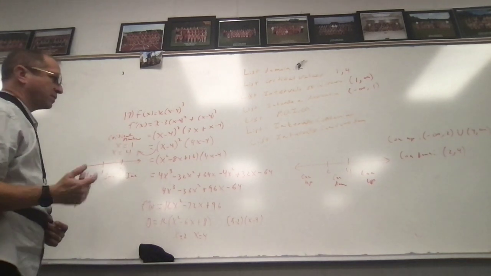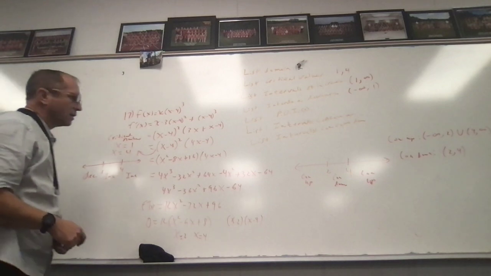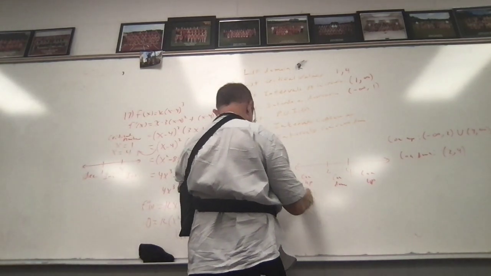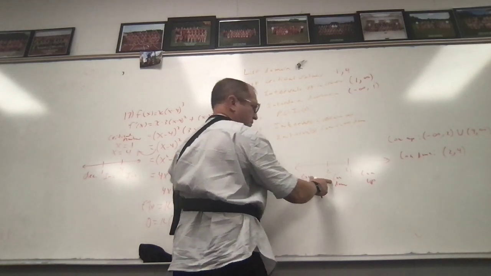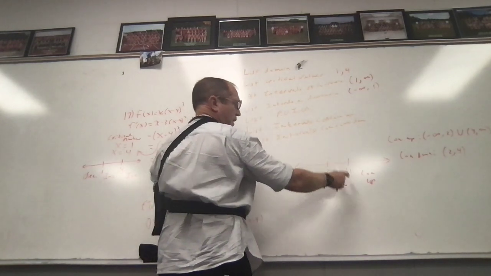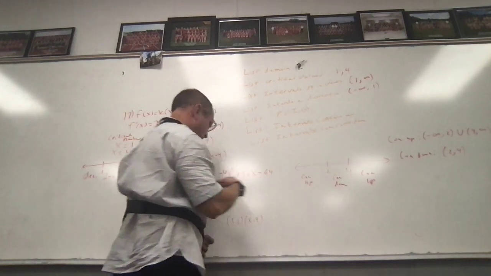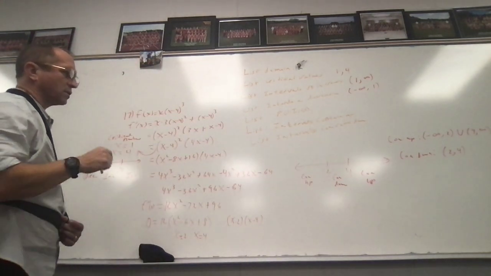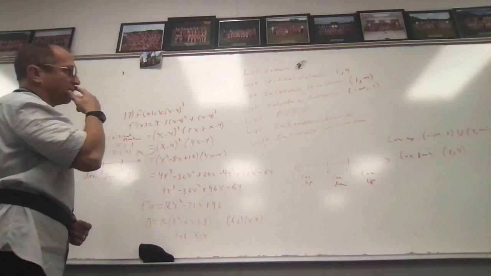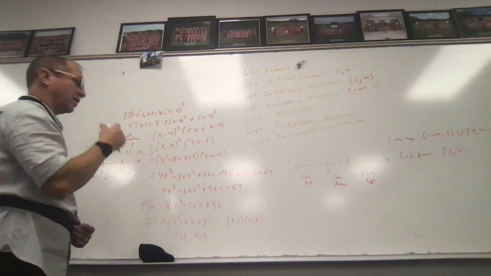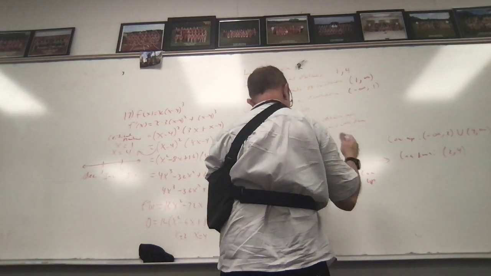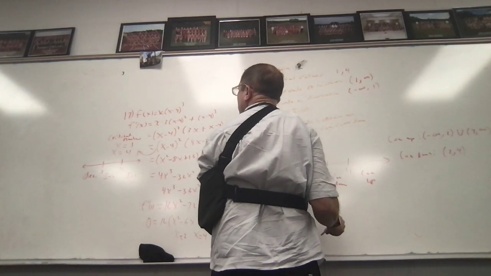Again, they're not points of inflection until we switch. But as you see here, when I plugged in 0, I got something concave up because I had a positive second derivative. When I plugged in 3, I got something concave down because I got a negative second derivative. And when I plugged in a number greater than 4, I also got a positive second derivative. So I'm going to have my points of inflection at x equals 2 and x equals 4, but let's see what those values are.